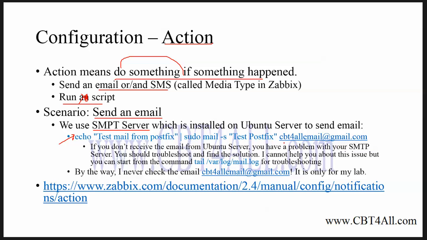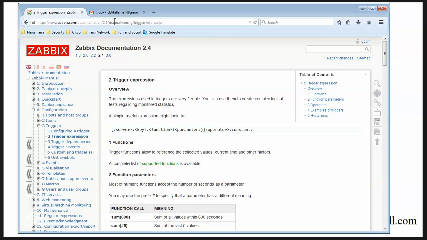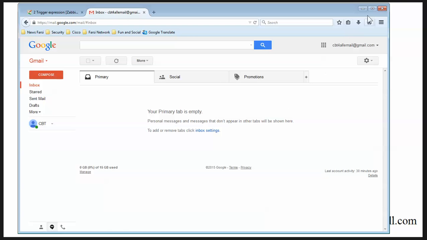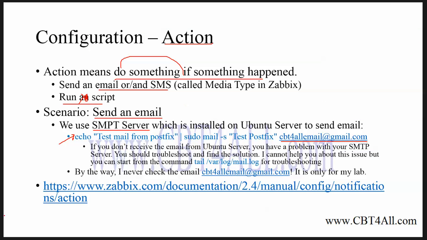Please notice that I will send the email to this email address. This is my email address, but I never check it, because this is only the email address for the lab.